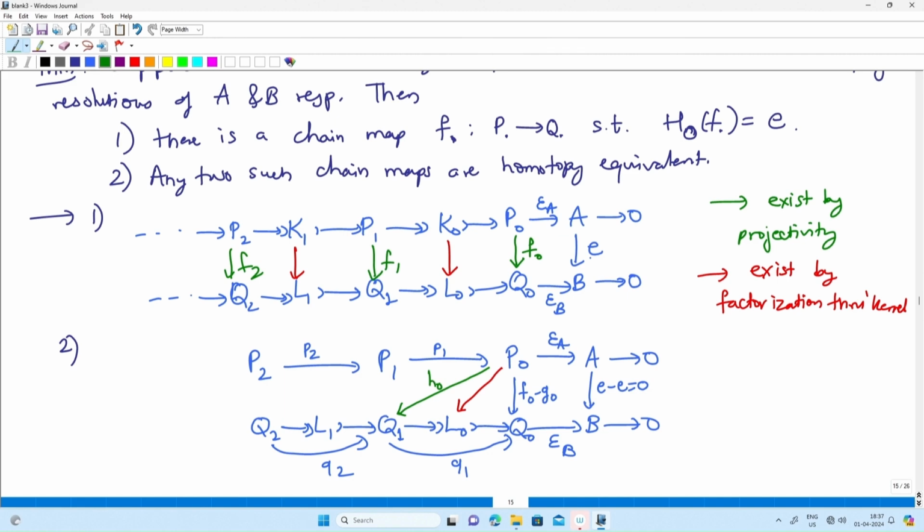Does the notation ring a bell? H0, that's the homotopy. Yeah, so P0 to Q1 we obtained something. Now what is the vertical map? Well, that's the only thing you need to understand, that this is G1 minus F1 minus H0 P1.